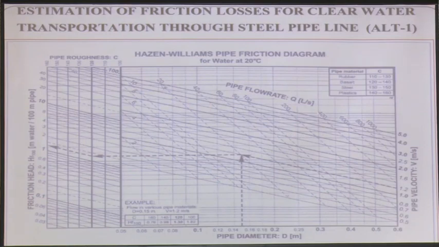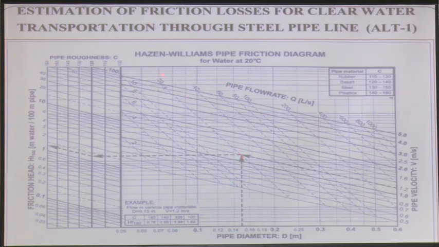There is another method which is known as the Hazen method. So, estimation of friction losses of clear water transportation through steel pipe, the alternative one. This is the Hazen friction pipe friction diagram, right. So, what you need to do over here is this: you pick up the pipe diameter here.